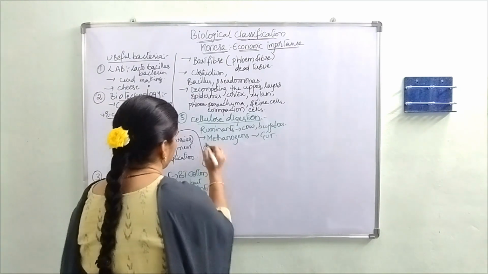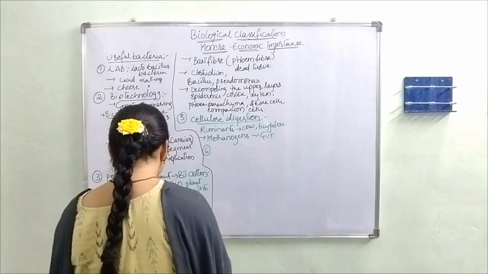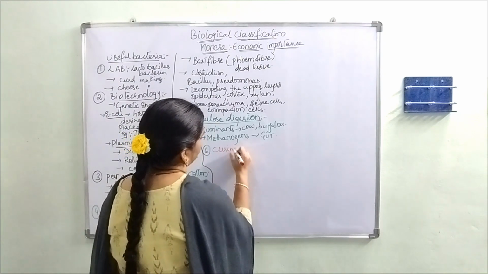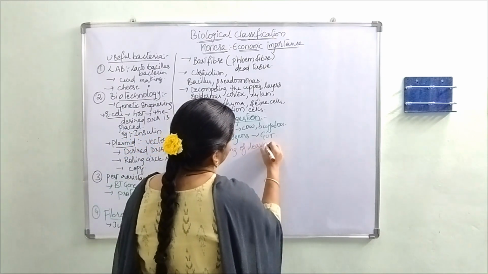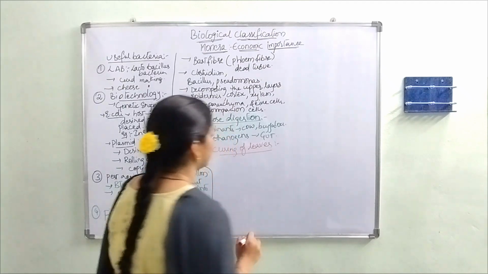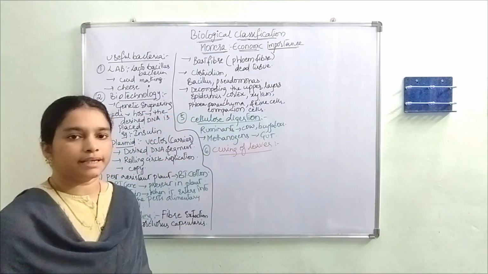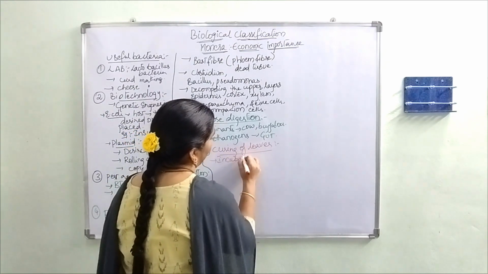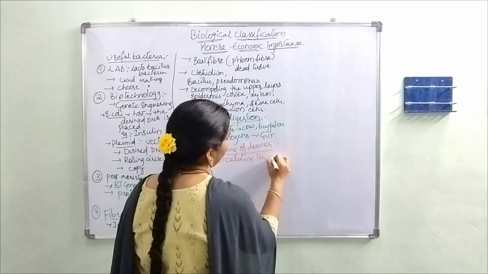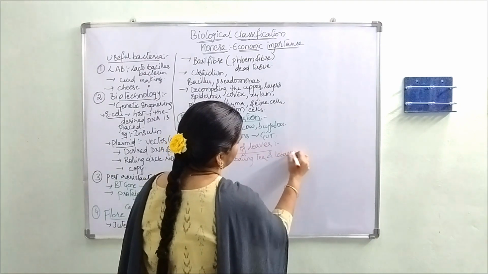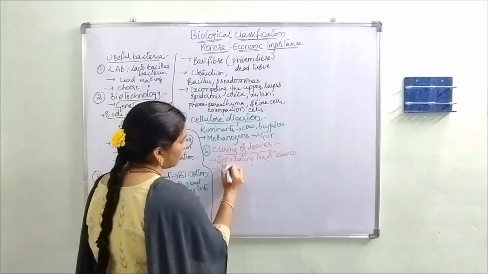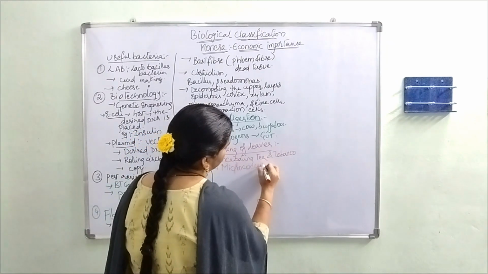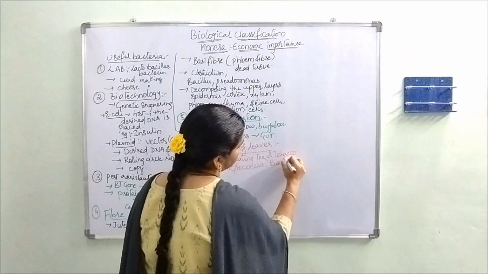Next, number 6 is curing of leaves. So what is curing? Incubating bacteria with tea and tobacco leaves, with bacteria such as Micrococcus and Bacillus megaterium.